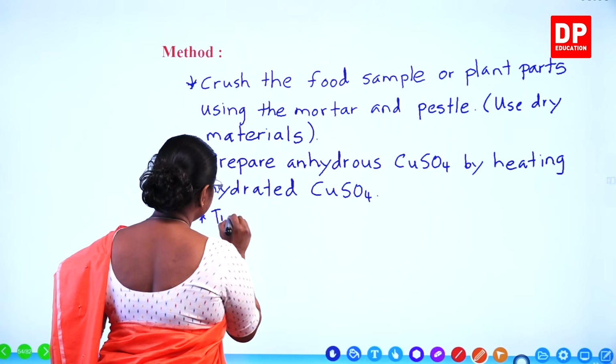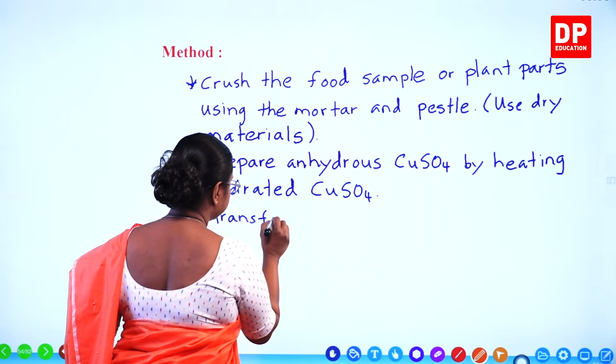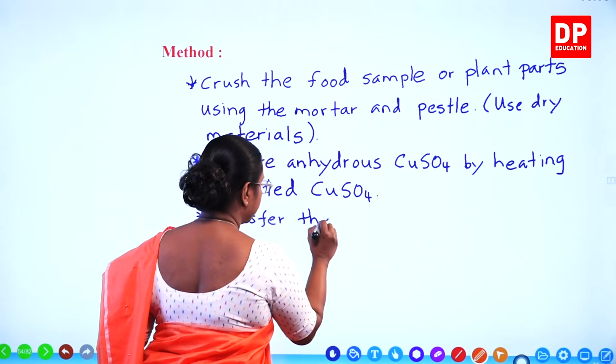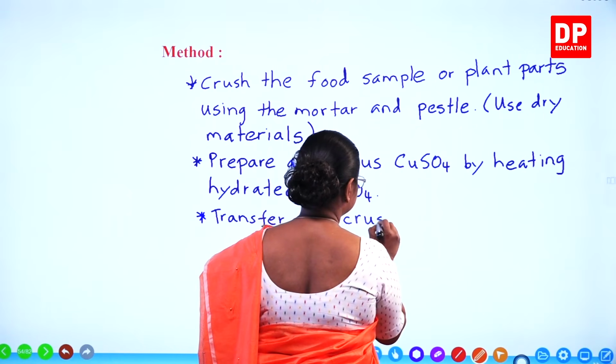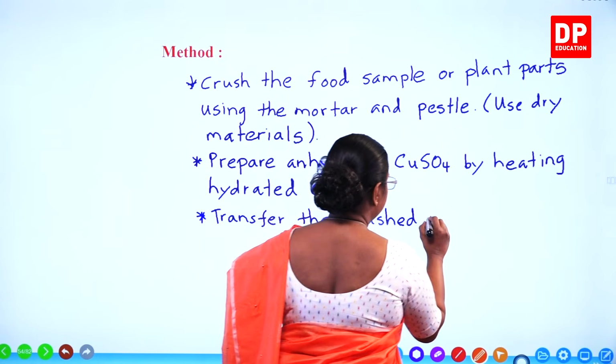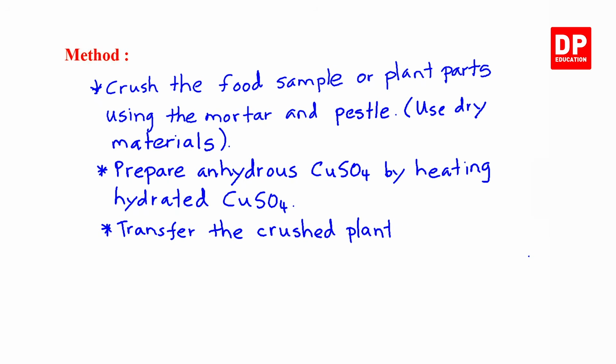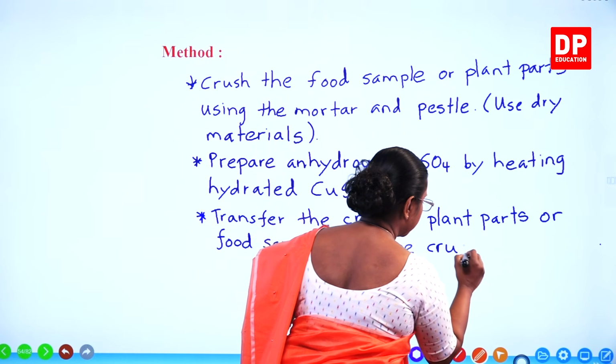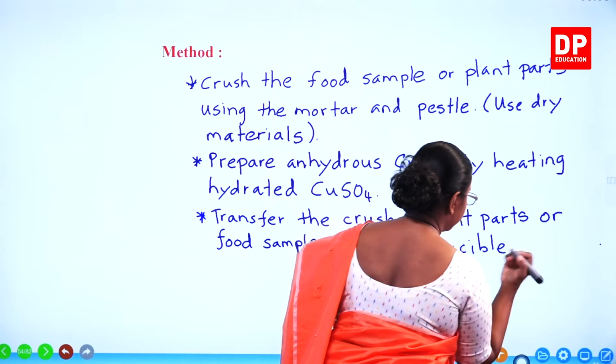So transfer the crushed plant parts or food sample into the crucible.